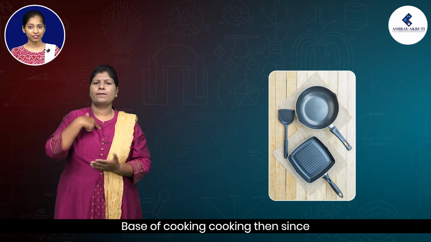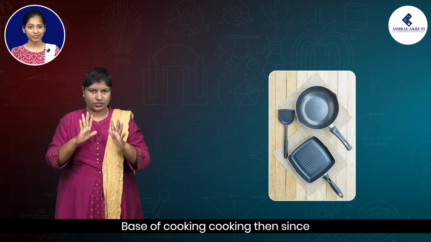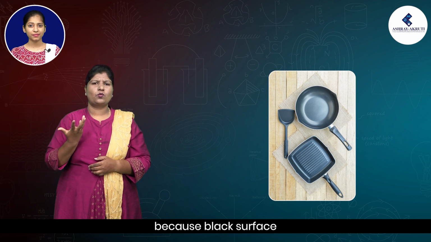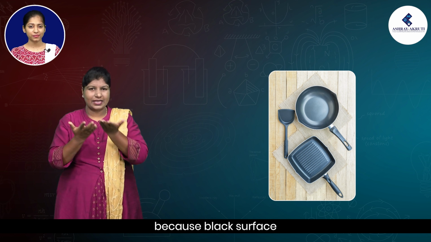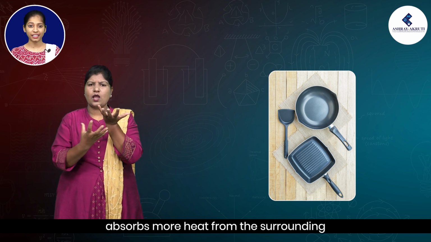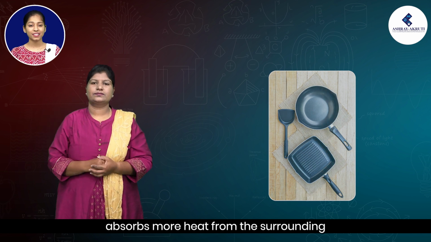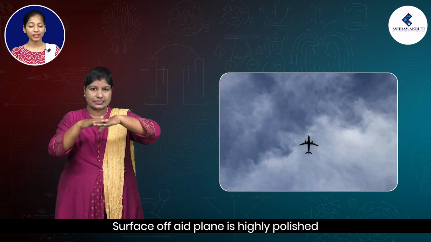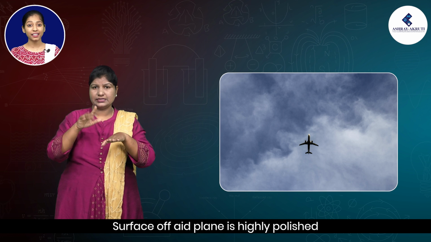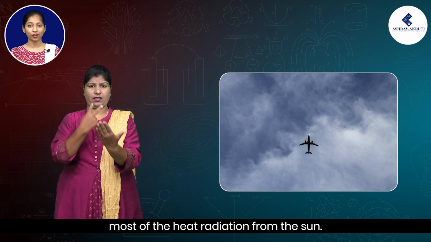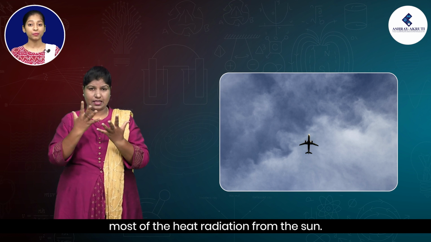The base of cooking utensils is blackened because a black surface absorbs more heat from the surroundings. The surface of an airplane is highly polished because it helps to reflect most of the heat radiation from the sun.